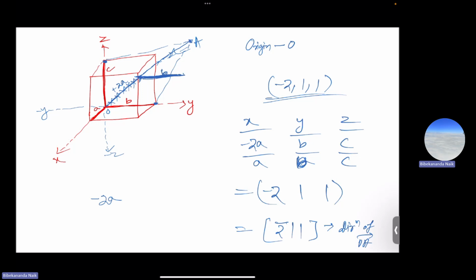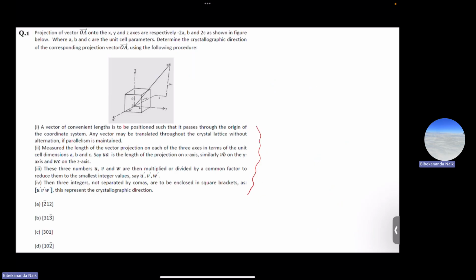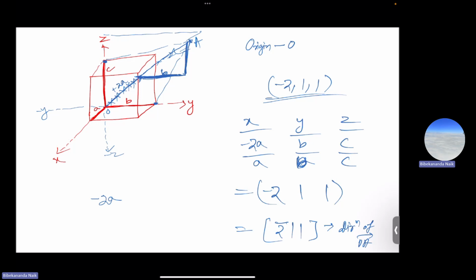This length is B. And then we will move along the z direction. Sorry, the question was minus 2A, B, and 2C, not C. So this is 2C, and this will be the vector, like this.